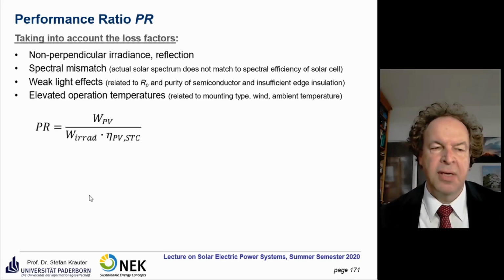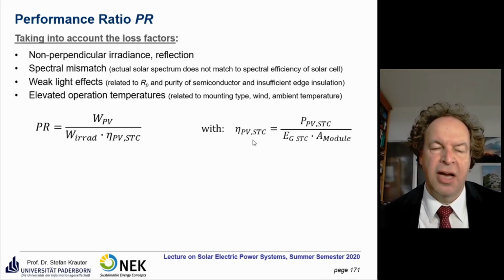And the formula is the following. We have this performance ratio, a number equal to or less than 1. And we have here the W_PV, that's the electrical energy generated by photovoltaics, divided by the received irradiance times the conversion efficiency under standard test conditions.